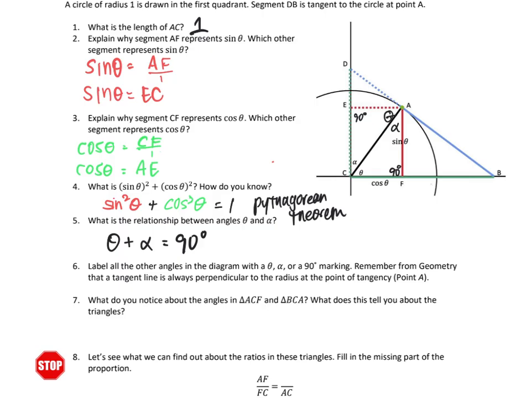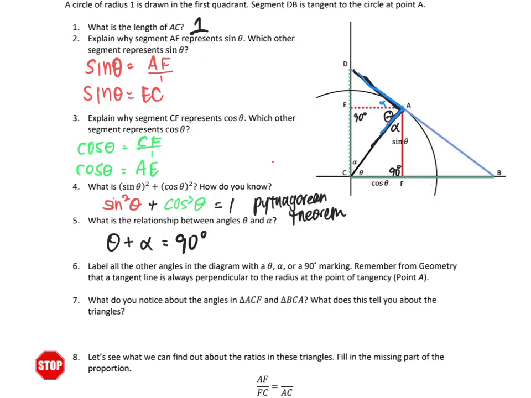And then if we know that right here is also 90, like angle DAC, that means that we need another alpha here, because alpha plus theta equals 90, and we have 90 degrees at that angle DAC, so that has to be alpha.